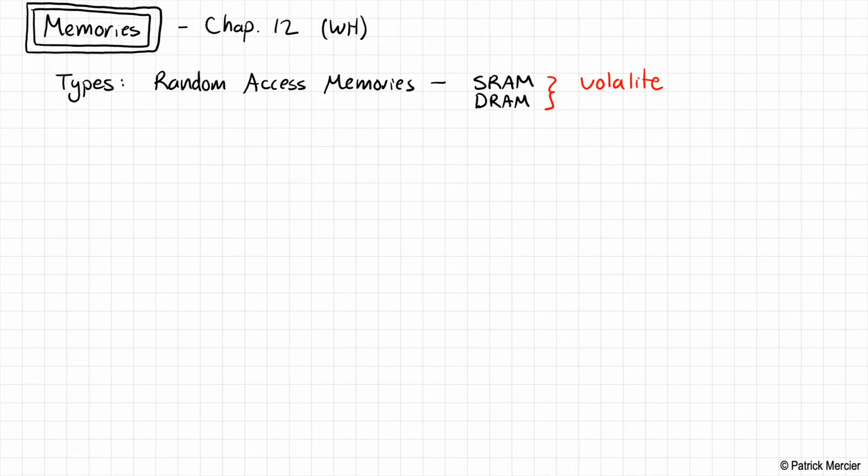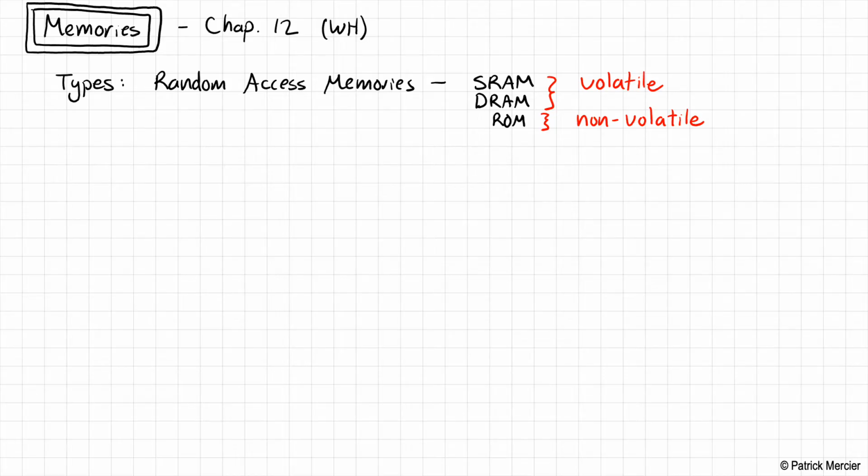Now these are what we would classify as volatile memories. And what that means is that if the power supply of our system goes away, so does the content of the memory. That's in contrast to a ROM, where the word ROM means read-only memory. That doesn't necessarily imply non-volatile, although usually it does. This is what we would classify as a non-volatile memory, and I just realized I spelled that wrong.